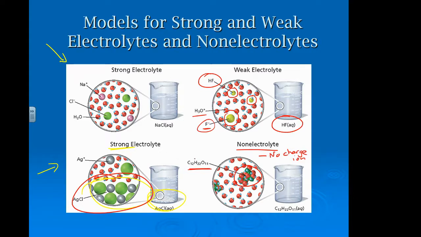These two models down here give you some differences. Here they show you can still have a strong electrolyte without having everything dissolved. And here everything can be dissolved and you still have no electrolyte because there's no charge. So those are strong and weak electrolytes, with a couple of exceptions.